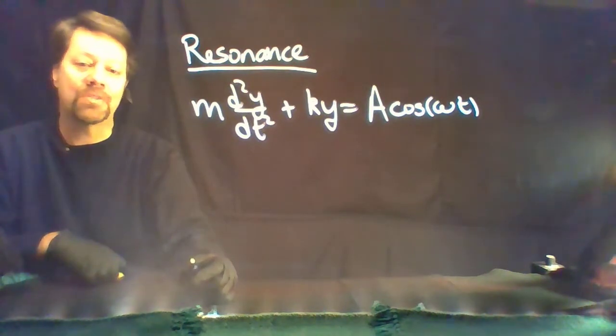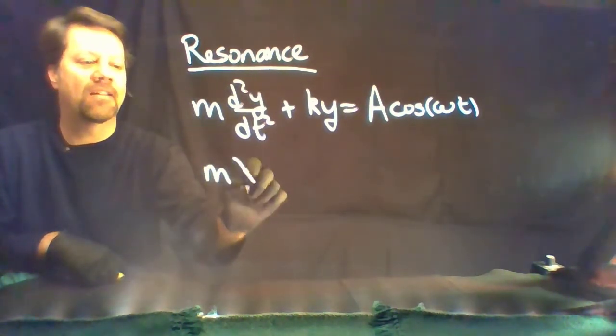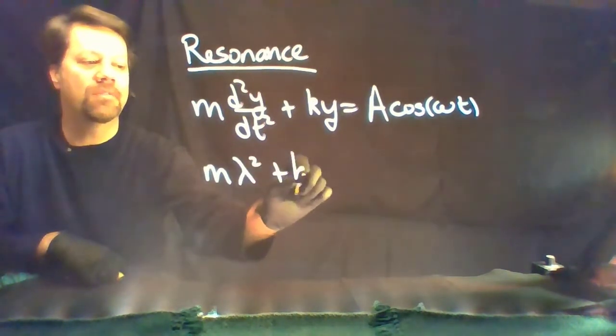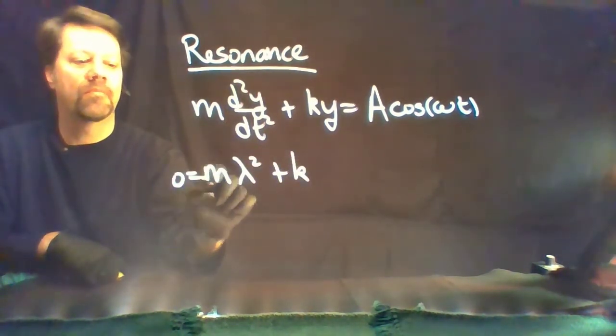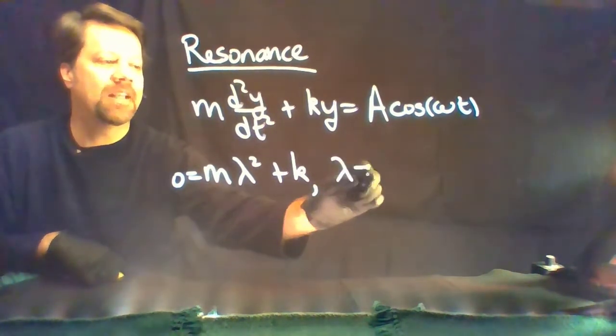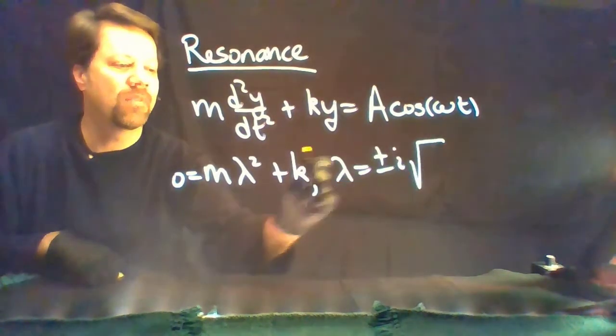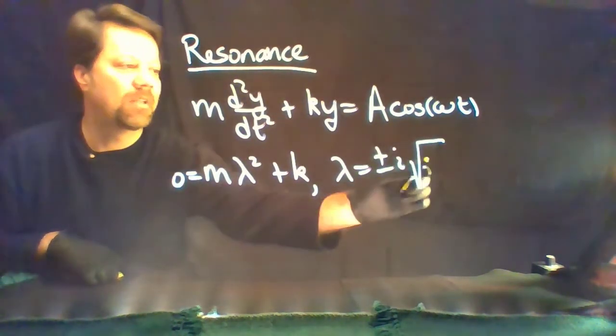First, we solve the corresponding homogeneous equation. To do that, we look at the characteristic equation, which has solution lambda equals plus or minus i times the square root. We move the k over and divide by m.